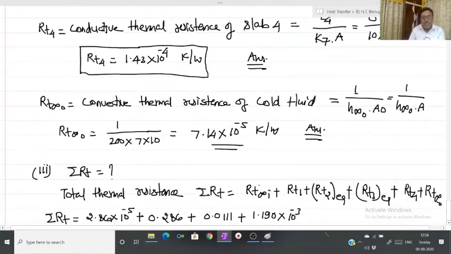RT4 is 1.43 into 10 to power minus 4. And finally, RT infinity O is 7.14 into 10 to power minus 5 Kelvin per watt.